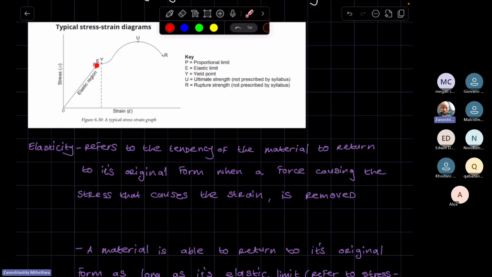And then of course, beyond the yield point, the material essentially succumbs to the stress that it is being subjected to, and it completely deforms.